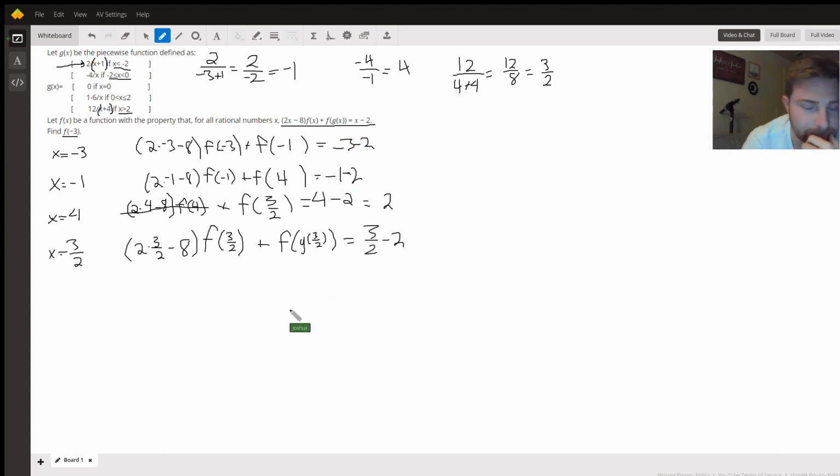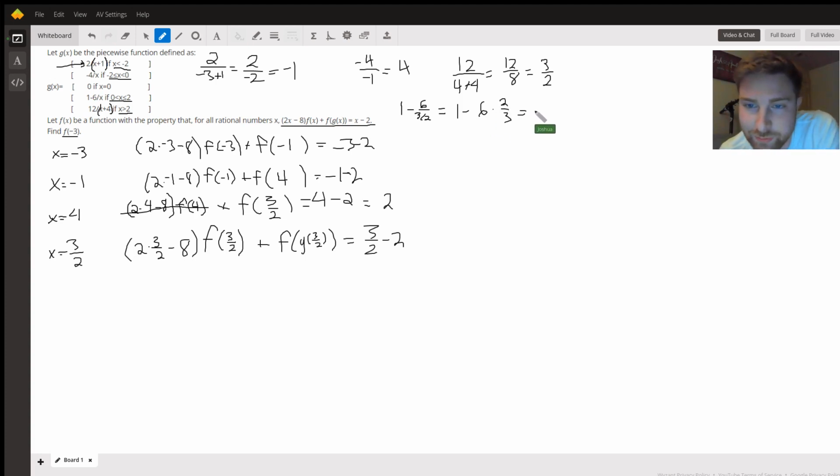Okay, what's g of 3 halves? Well, 3 halves is 1.5, so that's going to be in this little interval. So we're going to plug in 1 minus 6 over x, 6 divided by 3 halves. That's going to be 1 minus, and if we're dividing, we flip and multiply, 6 times 2/3. That's going to be 1 minus 4. 1 minus 4, isn't that negative 3?